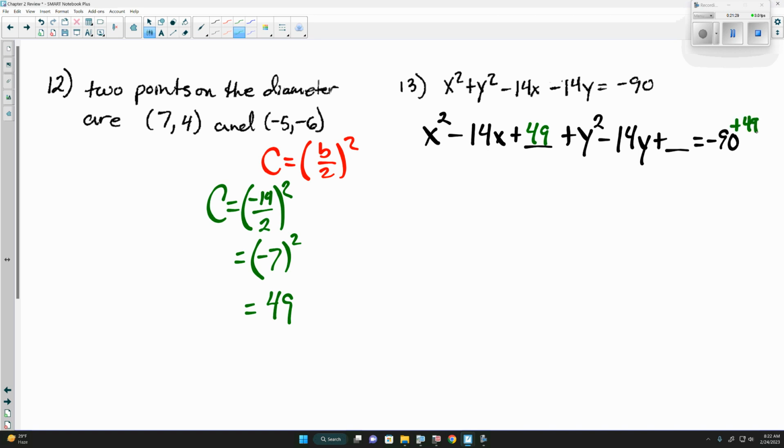And if I add it to one side, we have to add it to the other. And interestingly enough, the b value for y is also negative 14, which will still be negative 7 squared, which is 49.